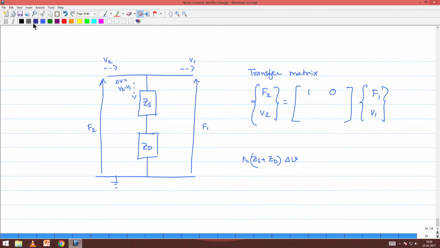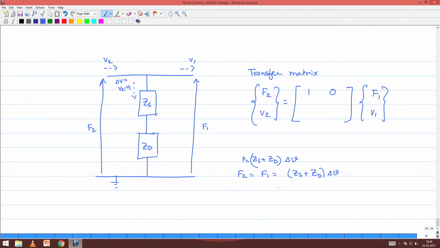So, therefore, we also know that F is the same as F2 or F1. So, F2 equals F1 is equal to Zs plus Zd times delta V, right.